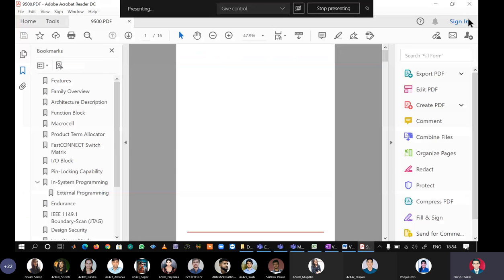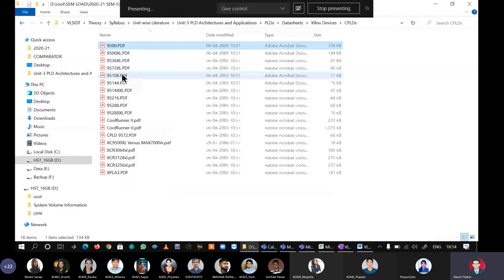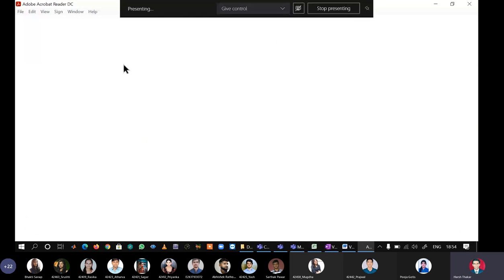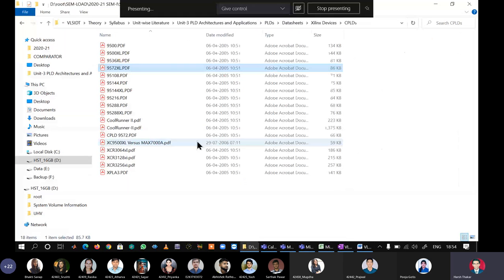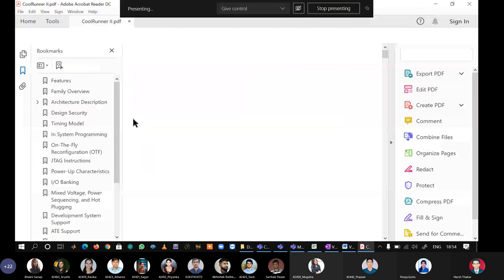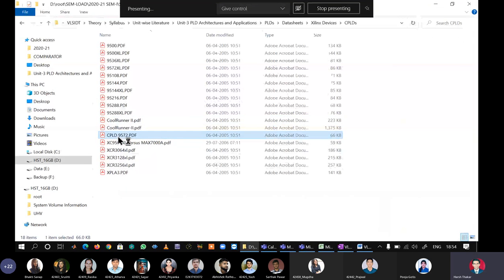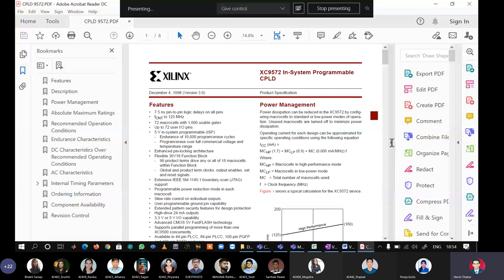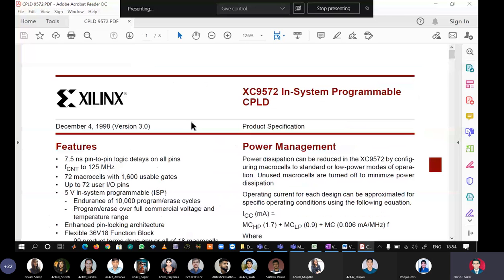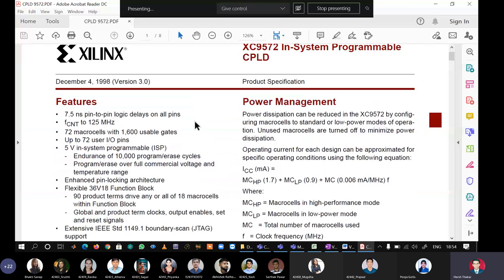Rather than this, I'll open XC9572. This is the basic CPLD from Xilinx, and we can see what specifications are given.